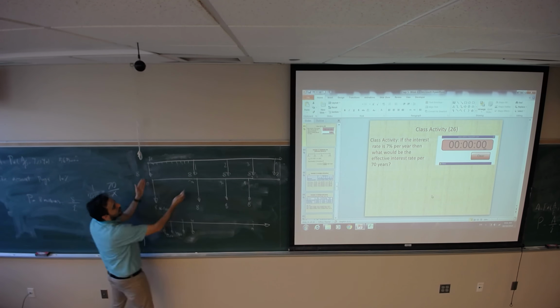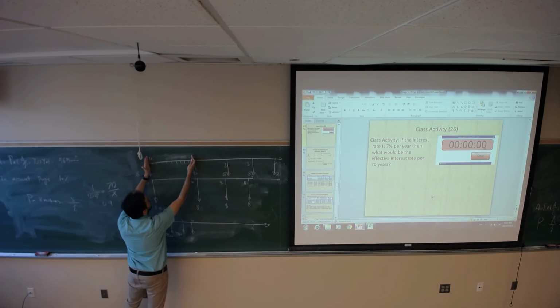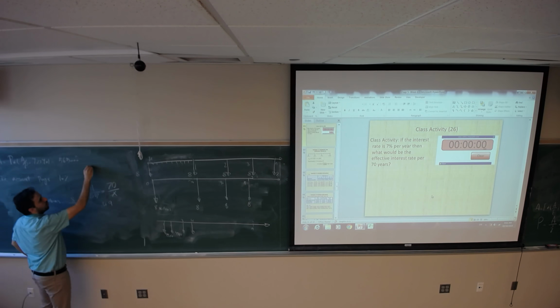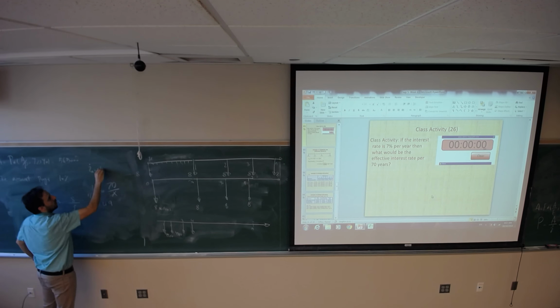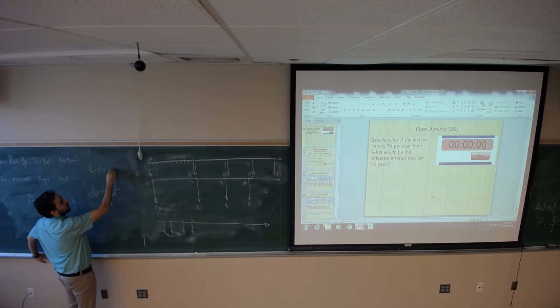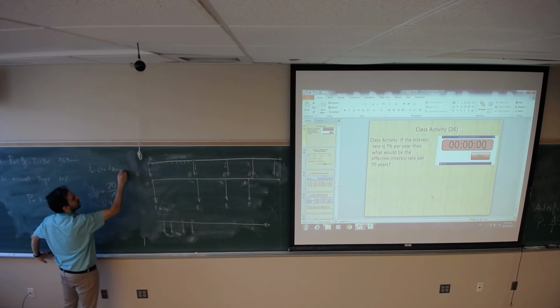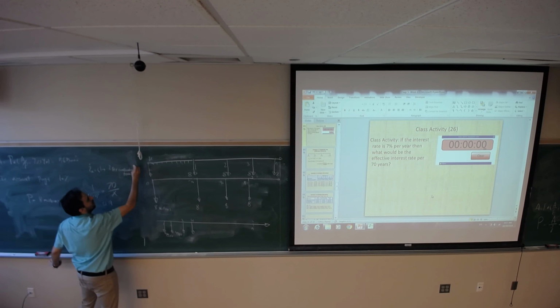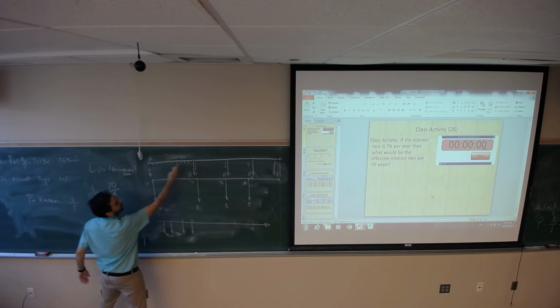Now I'm looking for the effective interest rate per period, which is 1. So if you remember, I effective was 1 plus I per compounding term, to the power of how many terms do we have in one?